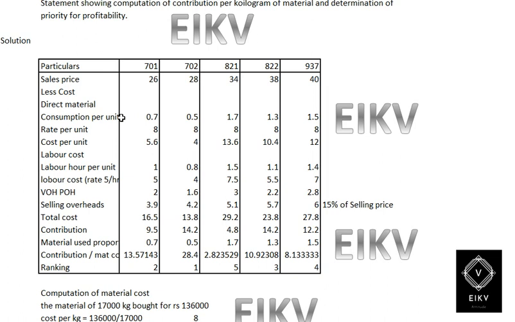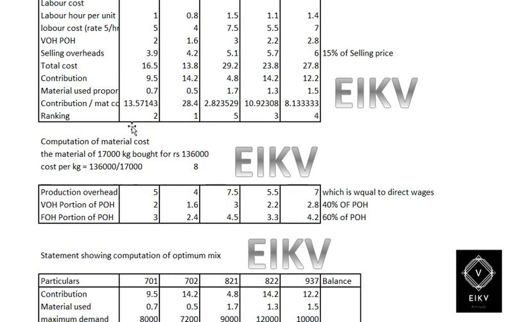Less cost: direct material per kilogram 0.7, 0.5, which is given in the question, and material rate per unit is 8. The computation of material per unit is nothing but the total cost divided by the total units of material, that is 1,36,000 divided by 17,000, which gives you 8 per unit.